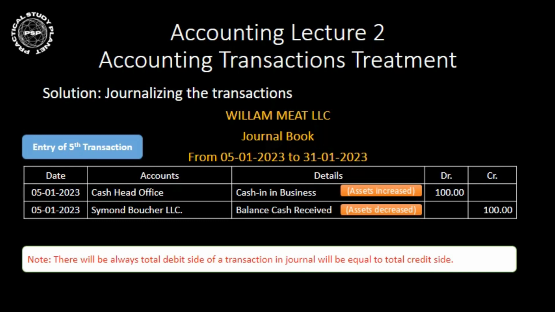Sixth transaction: salary paid to the staff, so salary expense is increasing and will be debited, and the cash head office paid, so the asset is decreasing and will be written on the credit side. That is the accounting journalizing of the transactions.